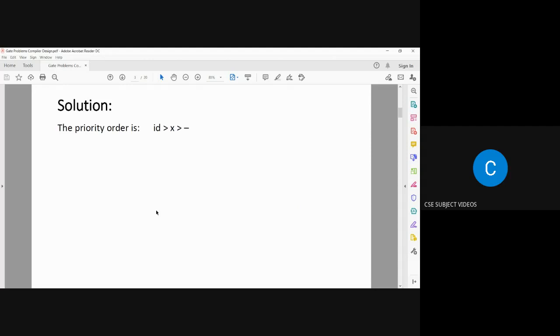The handle appearing on the stack top is replaced with the appropriate non-terminal symbol which is given in our question problem.